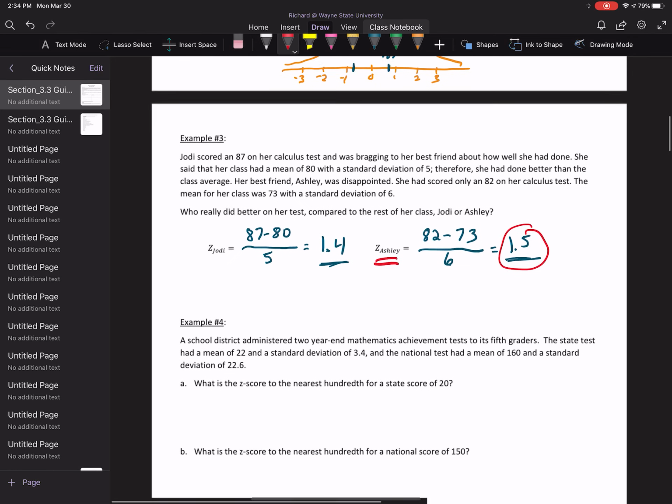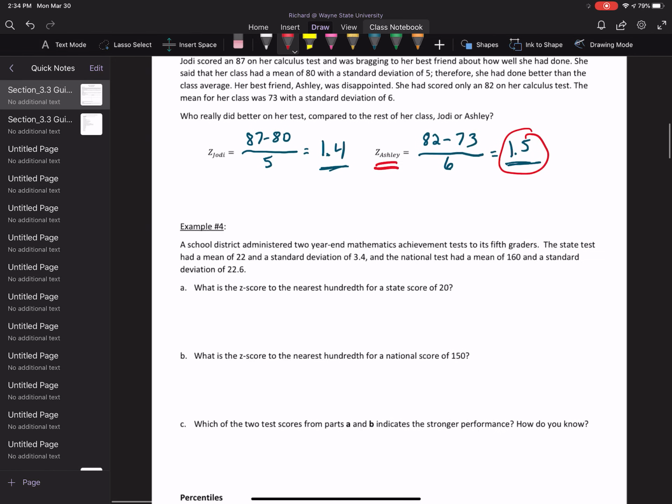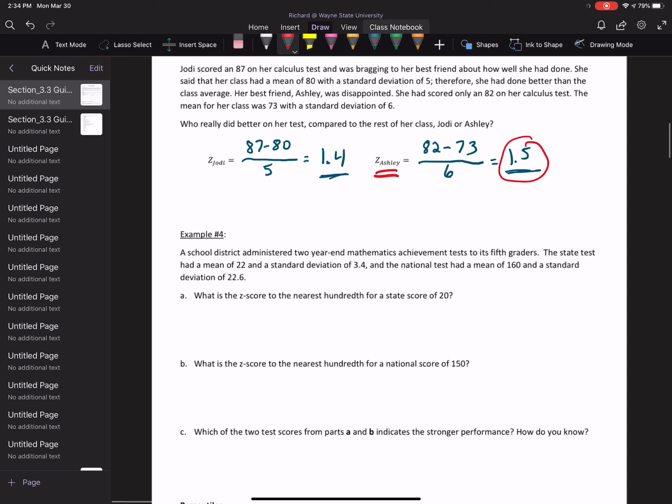Now, one of the questions that comes up that people wonder is, what happens if they're negative? This next one is going to help us to understand that. So we've got a school district administering a two-year end mathematics achievement test to its fifth graders. We've got a state test and a national test. The state test has a mean of 22 and standard deviation of 3.4. And the national test, 160 is the mean and standard deviation of 22.6.